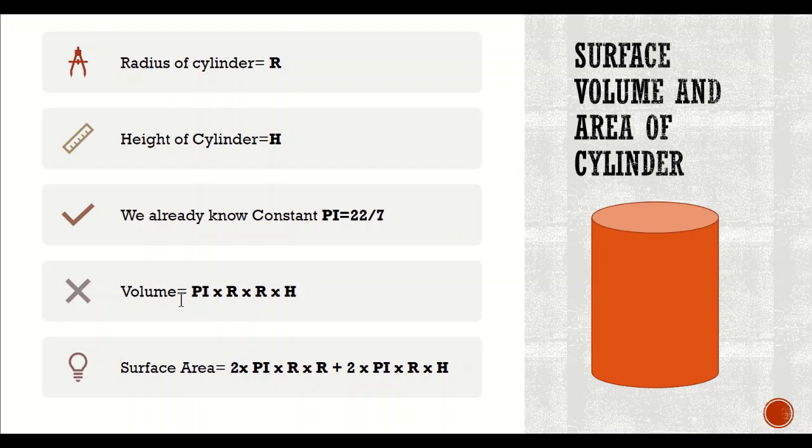Now the volume of the cylinder is pi r square h. This is the formula. The surface area is 2 pi r square plus 2 pi r h. So using these formulas and the input, we'll now create a program to calculate the volume and the surface area of the cylinder based upon the input given by the user.